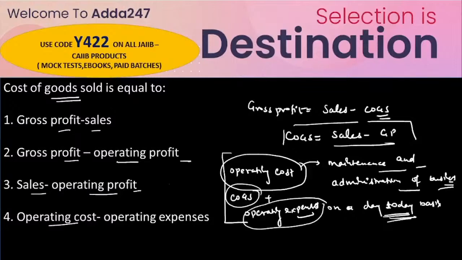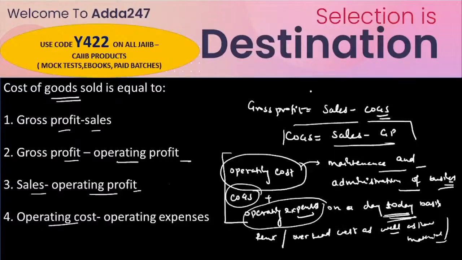What kind of operating expenses am I talking about? You have to pay the rent, the overhead cost, as well as the raw materials and maintenance expenses. All of that is known as operating expenses.